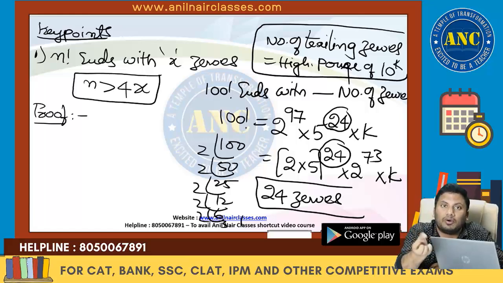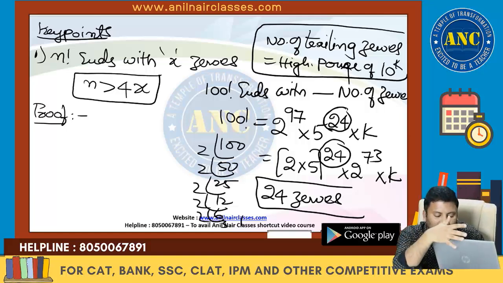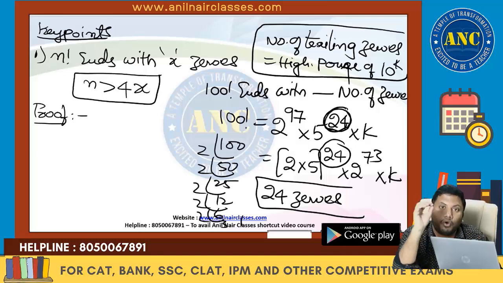Because it is a lower power of 5, it has to get adjusted with the power of 2. So that's the reason it will always take the power of 5. Only in factorial problems, number of zeros at the end is nothing but the highest power of 5.